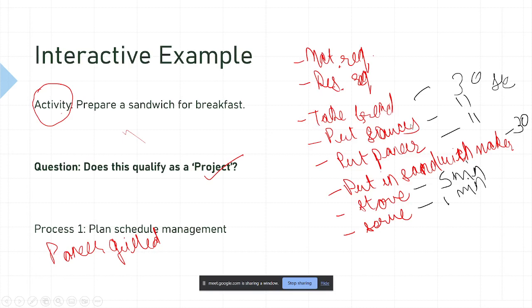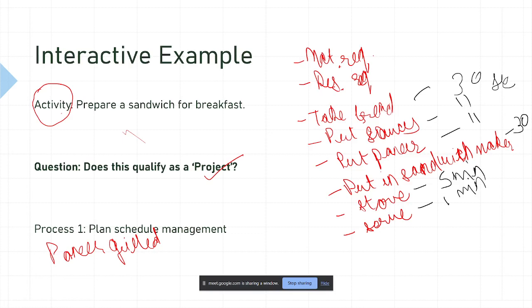Taking the bread, putting sauces, putting paneer, put it in sandwich maker, then keep it on a stove and serve. And coming to the last part, controlling the schedule. Obviously, you want to make sure that it is not kept on the stove for more than 5 minutes, otherwise it will burn, or you don't take it out in 3 minutes. So you get an idea of all the processes that are happening.